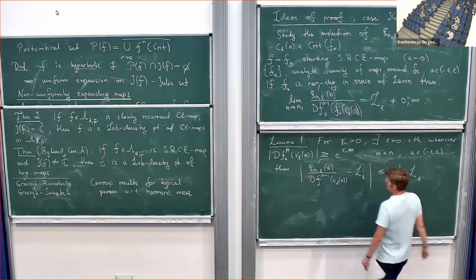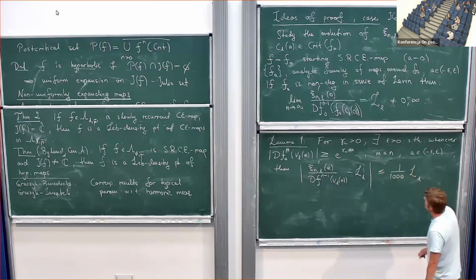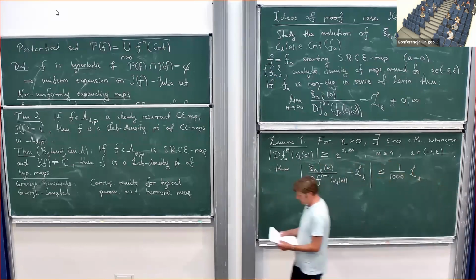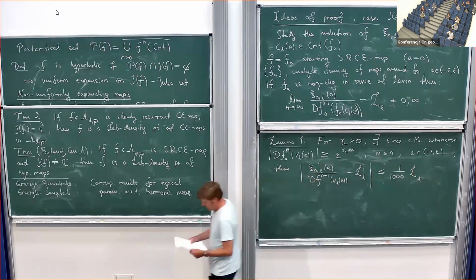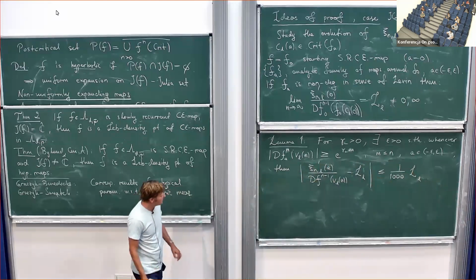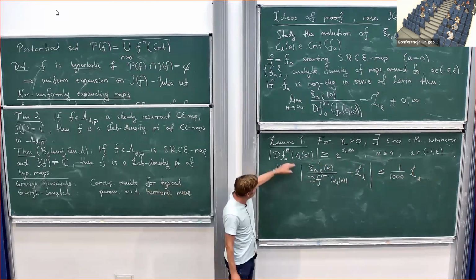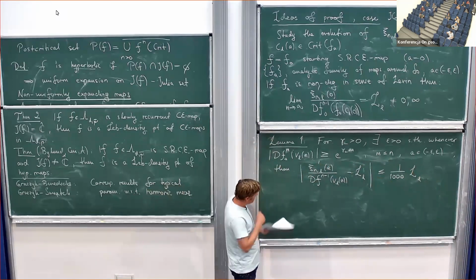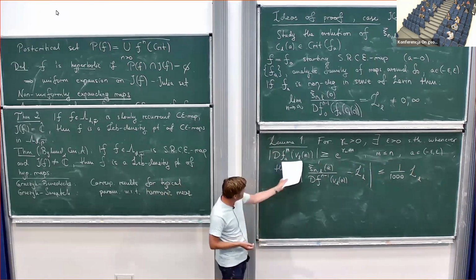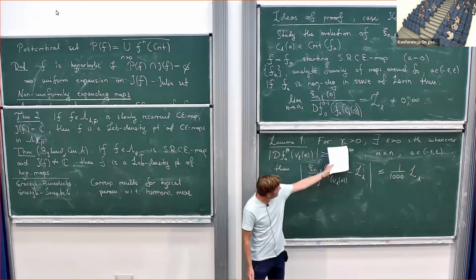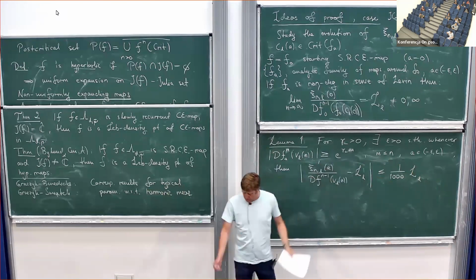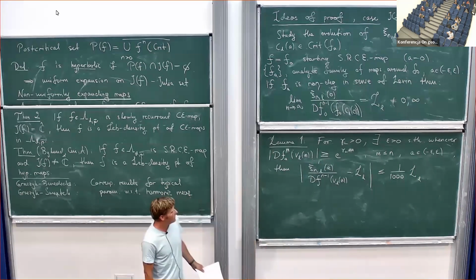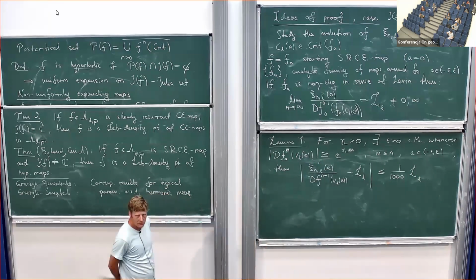Like this. So you keep this as long as you can, but you have to make some kind of induction argument to make sure that this holds. Of course, it doesn't hold always. So how do you verify that this holds? You fix some kind of lower Lyapunov exponent, which you have to choose from the beginning to be able to start the machine, the Benedicks-Carleson machine I'm talking about.